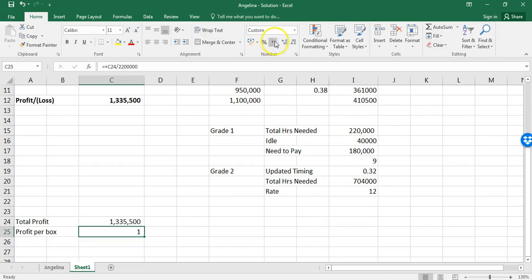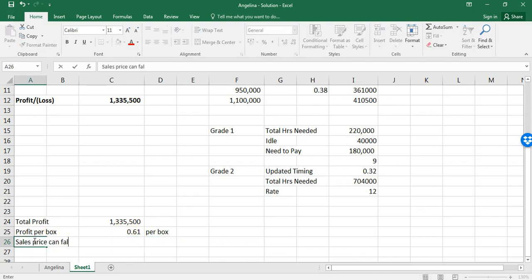So I'll just put this out. So we're getting 61 cents per box. So if you think about that logically, that means the sales price can fall by this amount before it becomes loss-making.